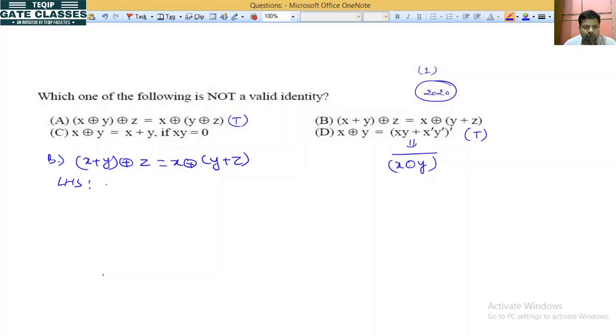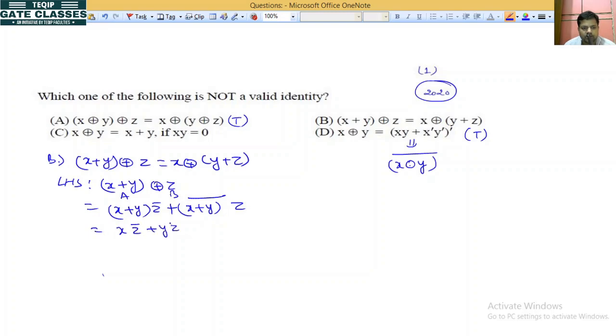LHS equal to (X plus Y) XOR Z. So it will be A XOR B, that is A B bar plus A bar B. So (X plus Y) Z bar plus (X plus Y) whole bar Z. So it will be X Z bar plus Y Z bar plus X bar Y bar Z.